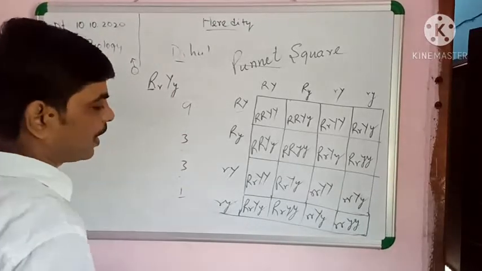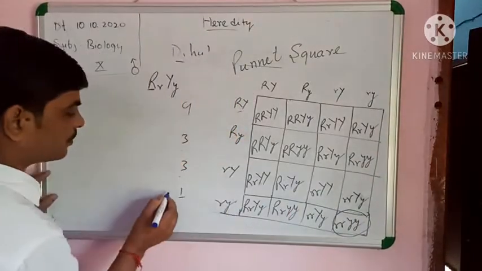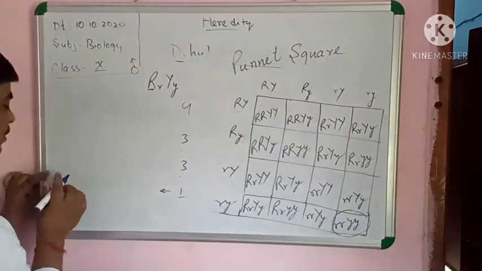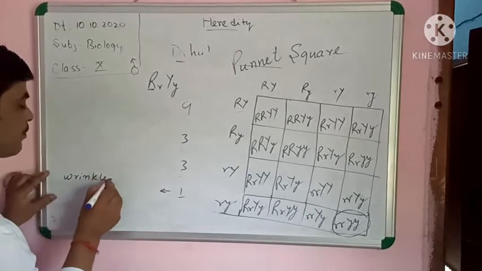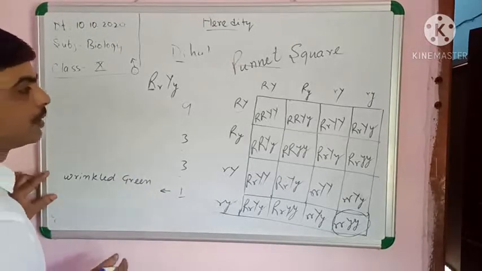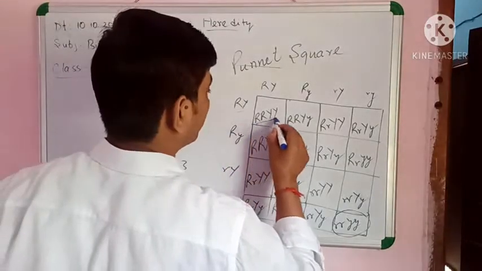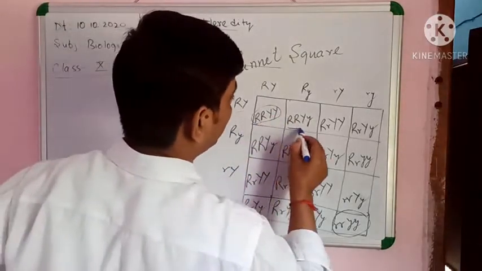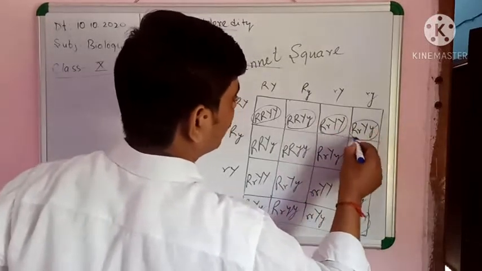9:3:3:1. How? See here, only one is this. Means wrinkled green. Okay. See here, 9 means round yellow, round yellow, round yellow, round yellow.